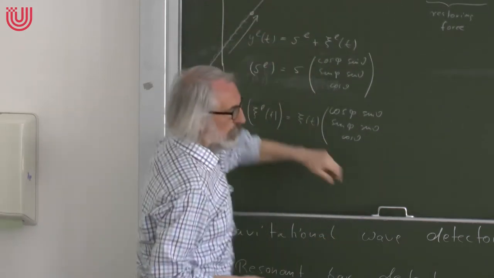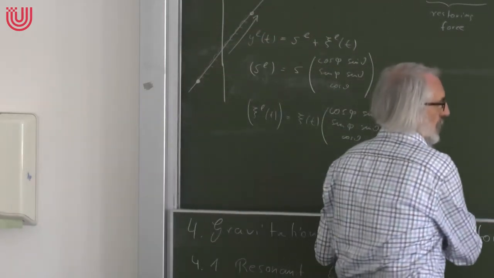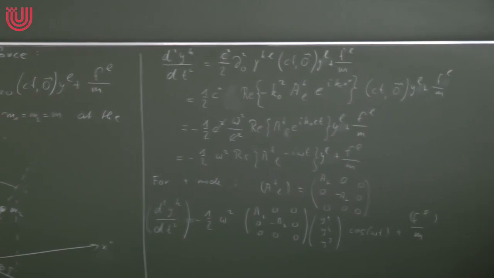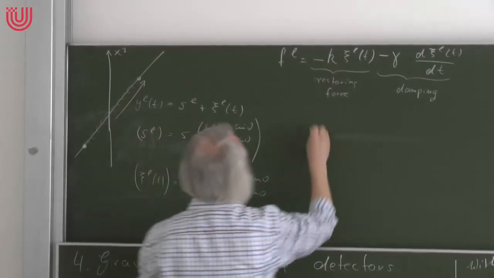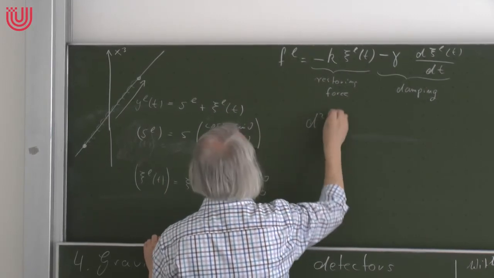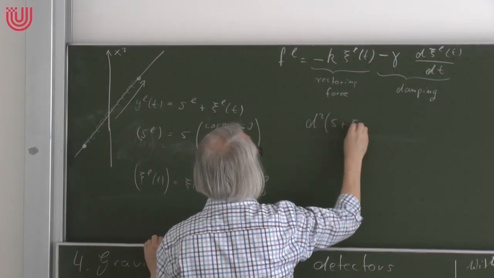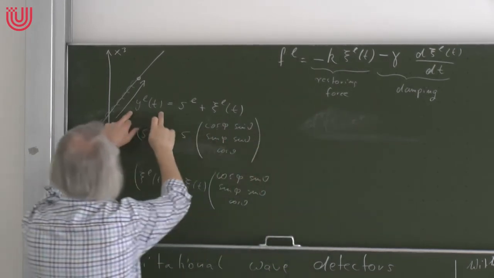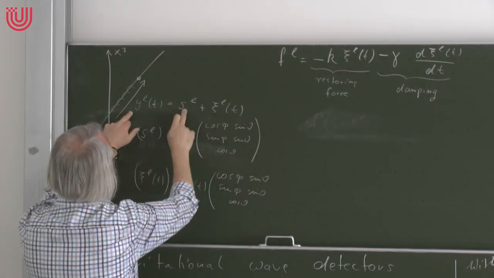Okay, now I can come back to my differential equation. So on the left-hand side, I have the second derivative with respect to t of y. Y is this here. Second derivative of this. Okay, I do it slowly. S plus, I think I can do this in one step. So I have to take the second derivative of this with respect to t.